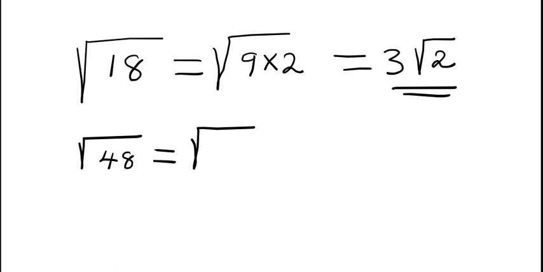We have what? 16 multiplied by 3. 16 multiplied by 3 will give you 48. And the square root of 16 is 4. Then we have 3 remaining in the square root. So this becomes your answer.